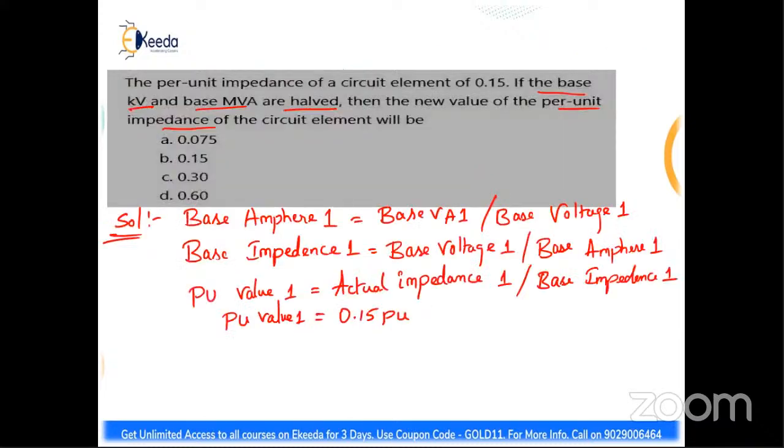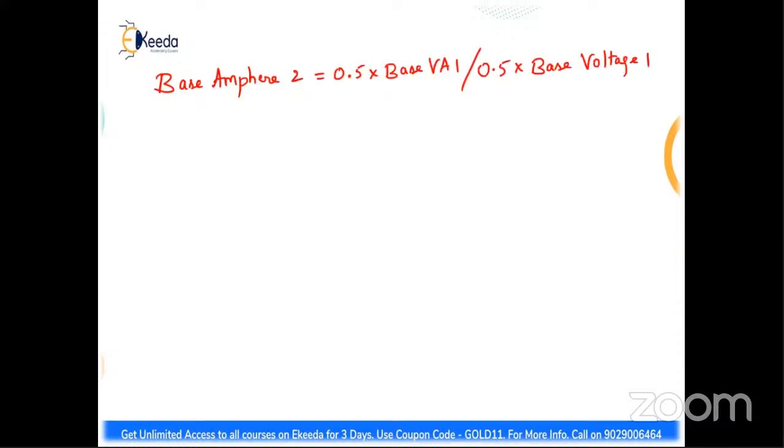Since he is telling that if the base kV and base MVA are off, we have taken here 0.5 into base VA1, 0.5 into base voltage 1, so that gives us nothing but base ampere 1, right?